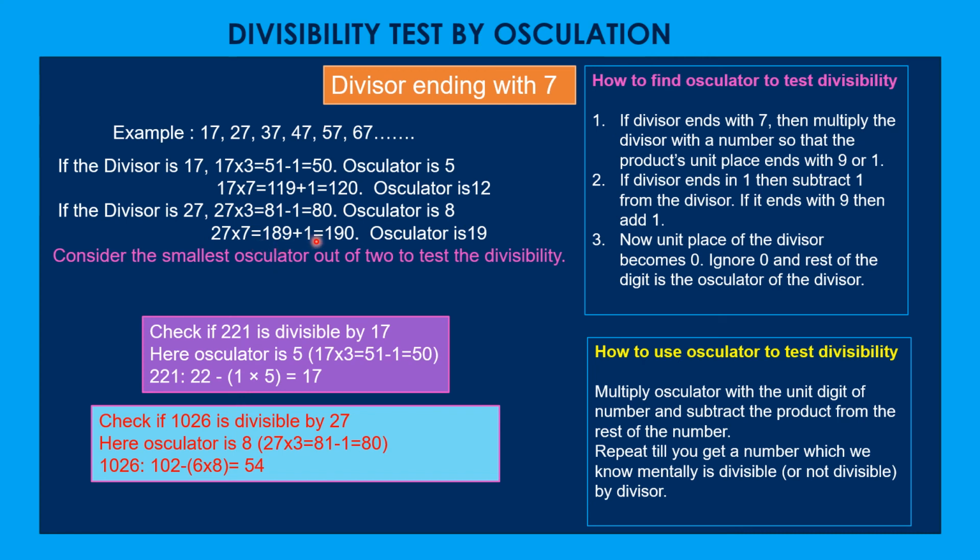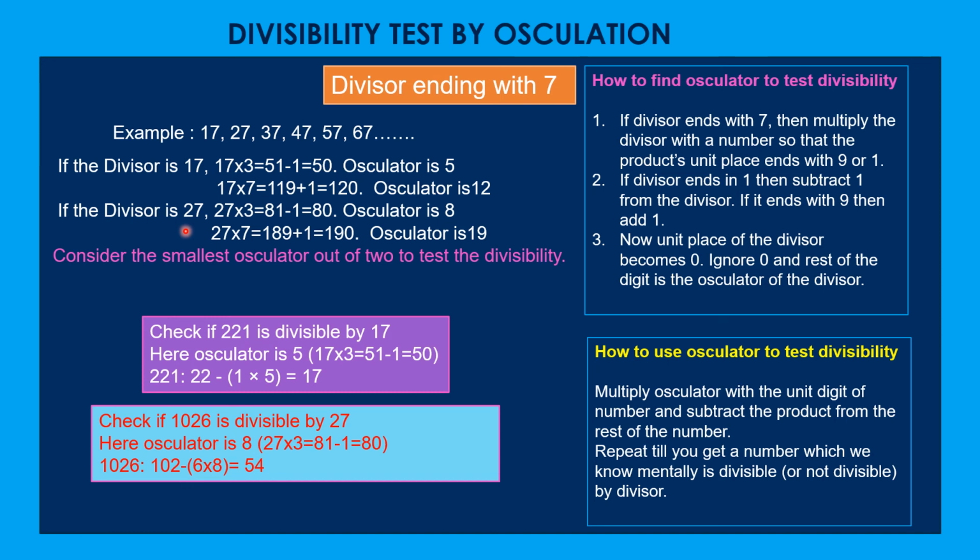You add 1, you get 190. Ignore the unit digit 0, 19 is the oscillator. Again, for the divisor 27, you have two oscillators, but you are going to consider the smallest oscillator, that is 8, to test the divisibility. Again, a very interesting thing, you notice that the sum of the two oscillators is your divisor. So 8 plus 19 is 27.